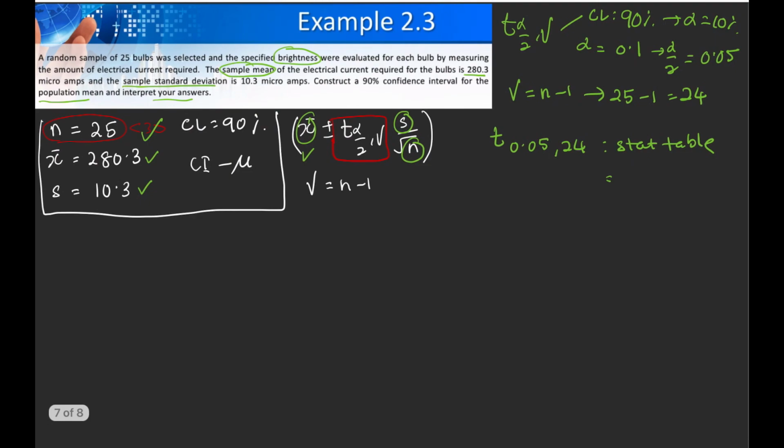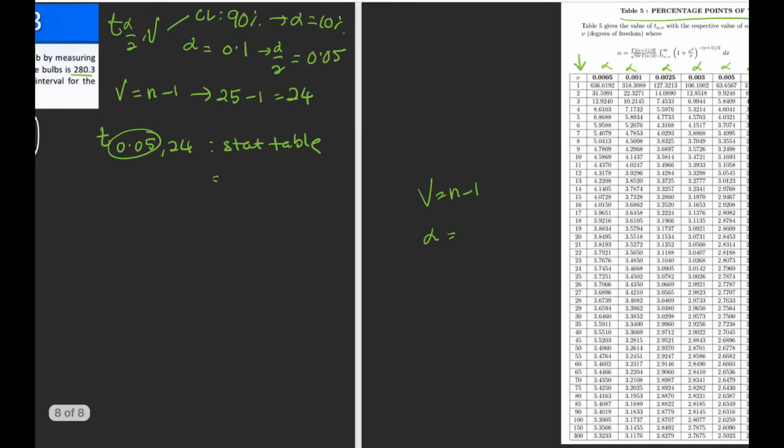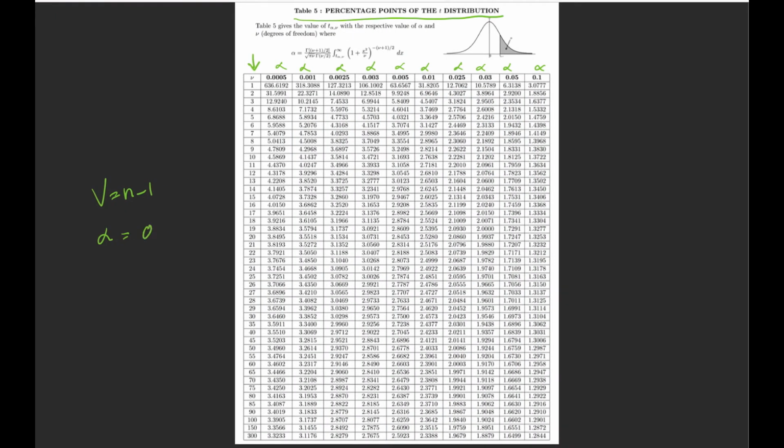Go to table 5, percentage points of the T distribution. If you look here, this one is your nu, where nu is equal to n minus 1. This one is your alpha. Now look back, our alpha is 0.05, nu is 24.